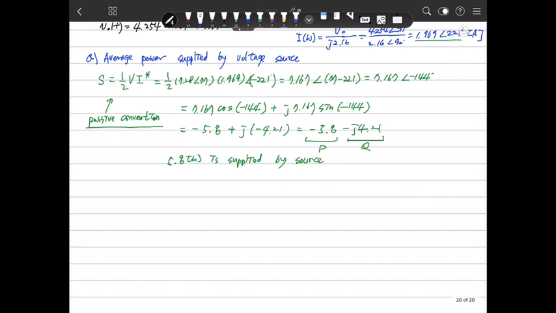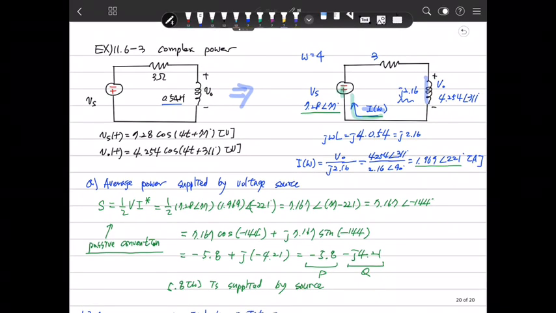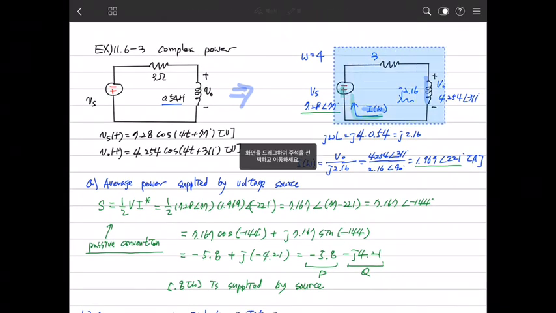Next is part B. The next problem is the average power received by the resistor.